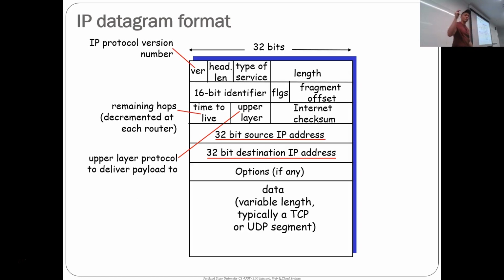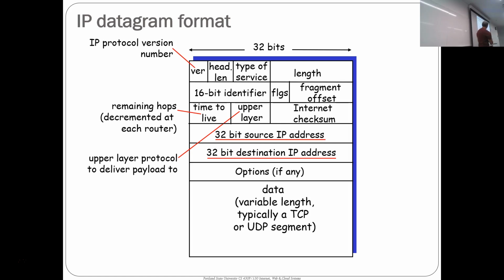We're going to first go to just the IP protocol and talk a lot about that. This is the header. A lot of the header is no longer relevant to us. So for example, this we're going to ignore. If you take the 594 class, you'll probably learn about what that stuff does. We don't care about it in this class. The things we care about: the version number, because now there are multiple versions of IP floating around.